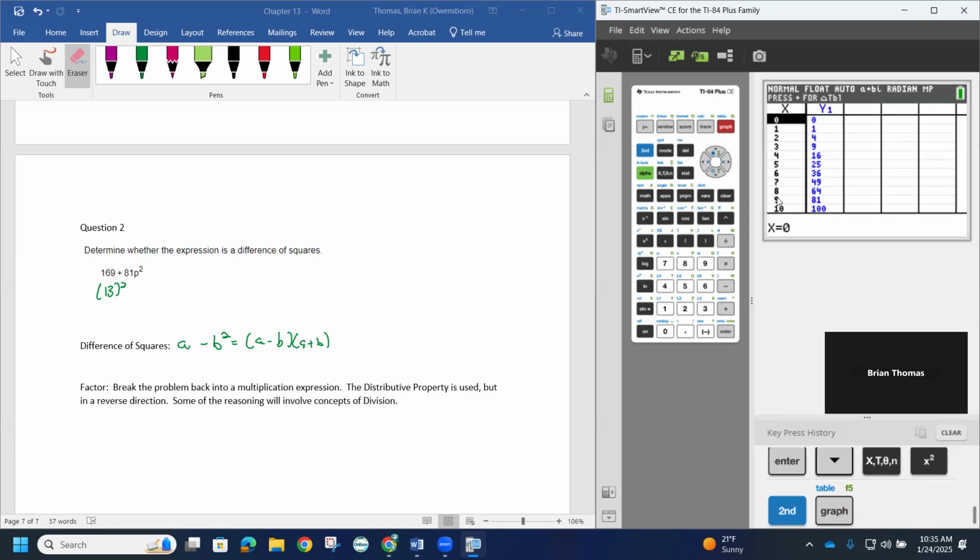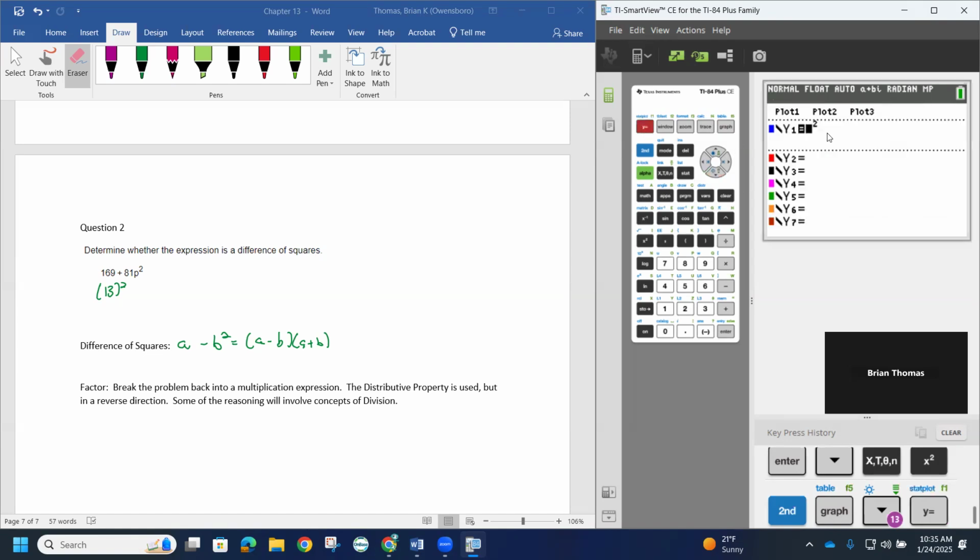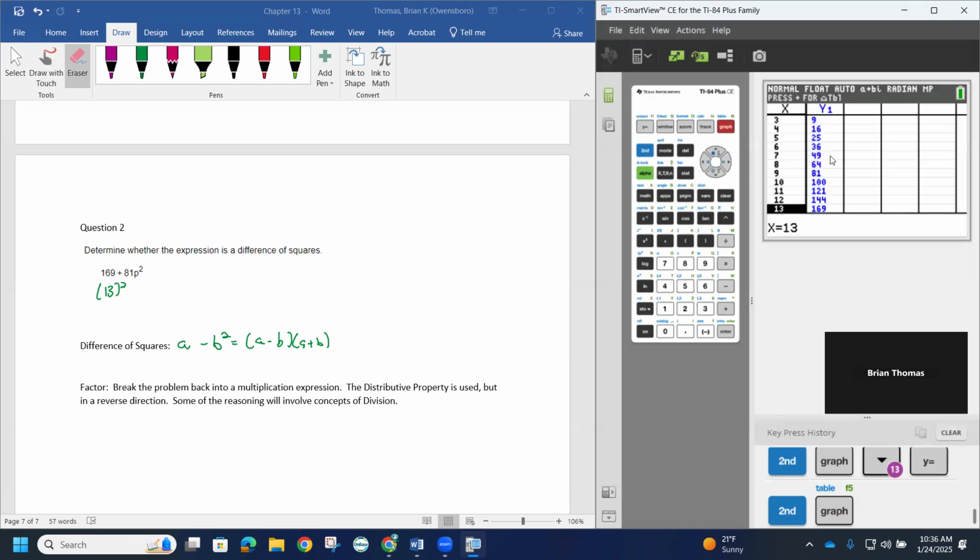And this to the left tells you what was squared to give you that. So if I scroll down a little bit further using my directional pad, notice there's that 169. Notice that tells me the 13. So you actually just type in y equals x squared to generate a table, if you will. And then you can see a table of squares, or you can go out on the internet and get one.